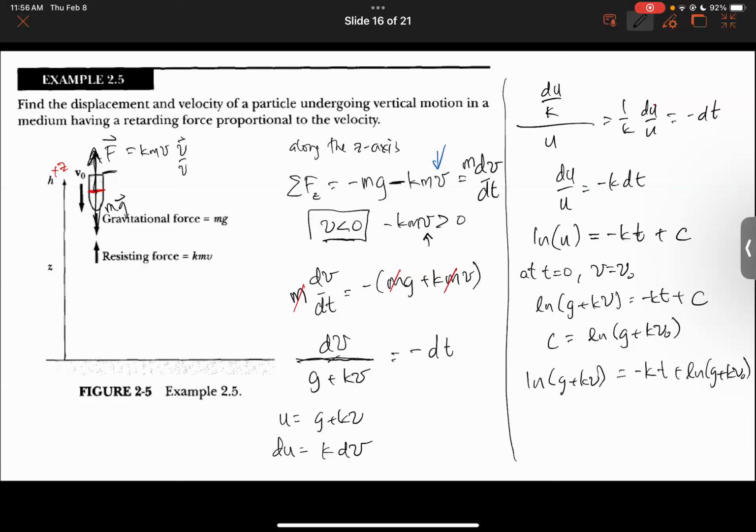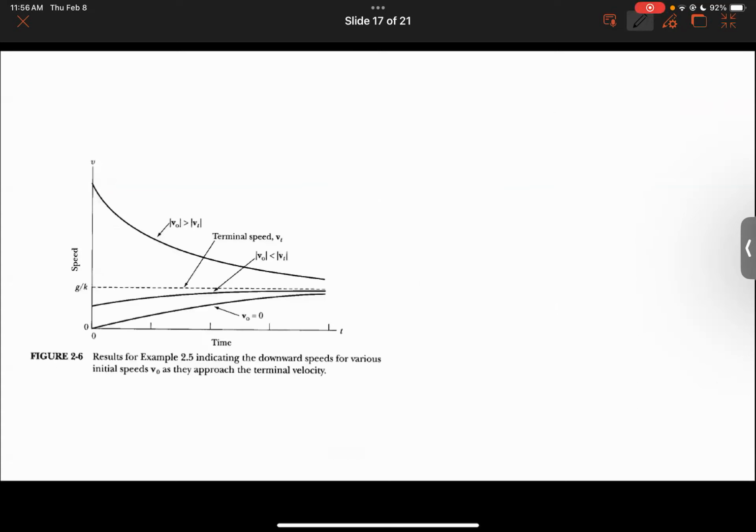So ln ng g plus kv over g plus kv naught is equal to minus kt. Sige, iiwan lang natin yun dyan. So, g plus kv over g plus kv naught is exponential minus kt.